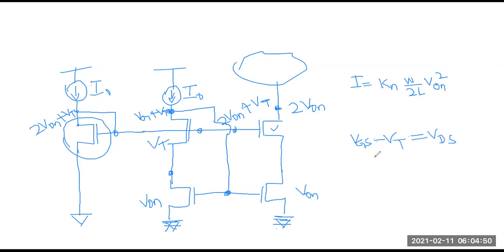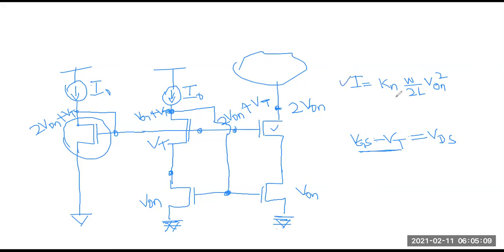So this is nothing but V on. So we want that to be double. Instead of V on, this should be 2V on. If this is 2V on, then squared, 4 times will be there.